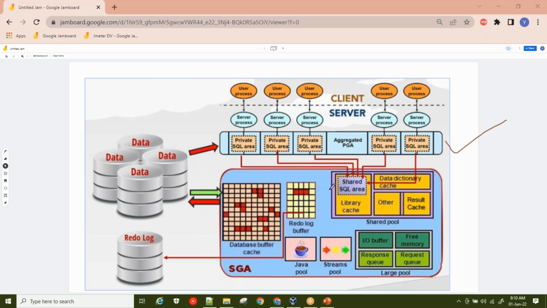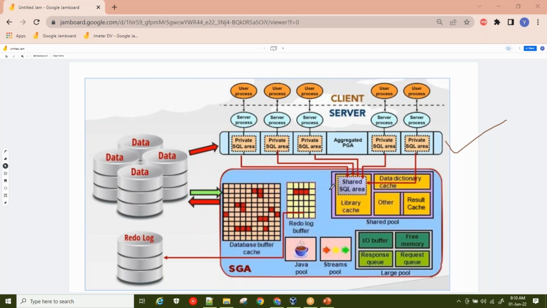Here it is not like there is only one user; the processes are happening together, because we can't have different memories for all users. Only in the PGA do we have different memory allocation for each user, but inside the SGA the processes happen simultaneously, like a mixed process.